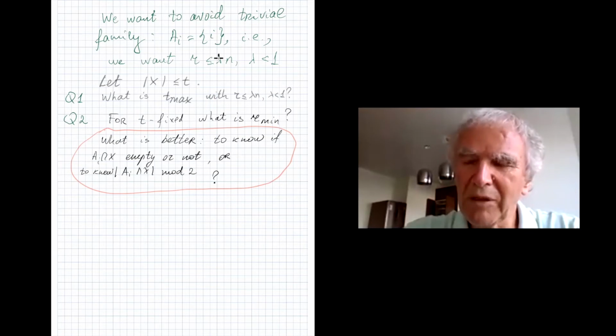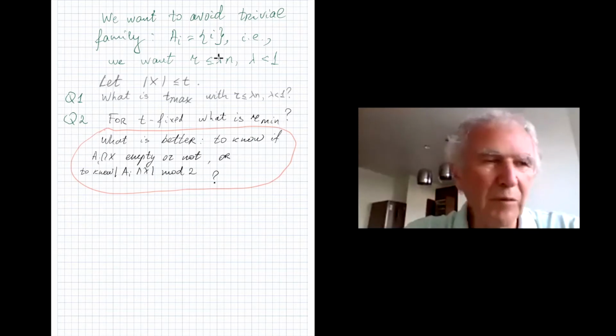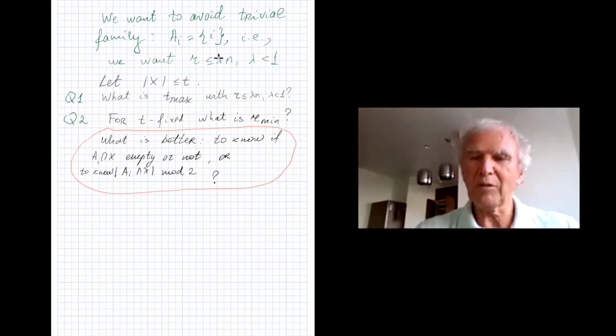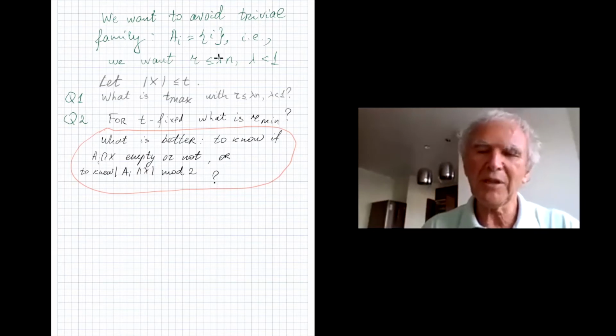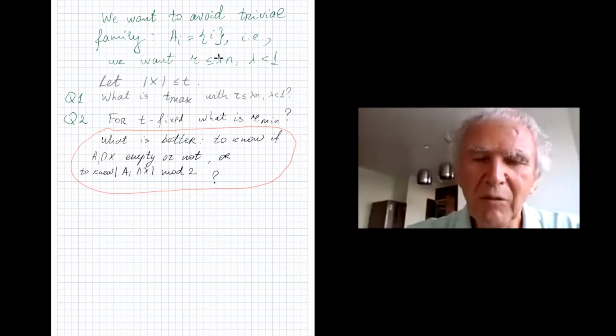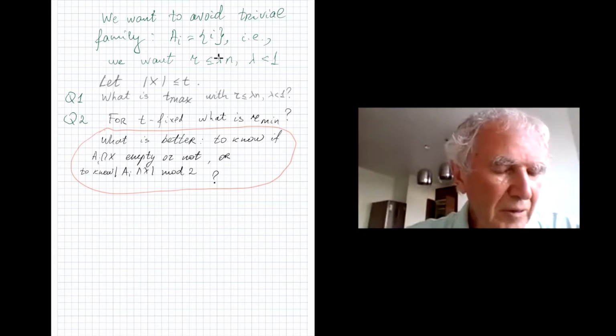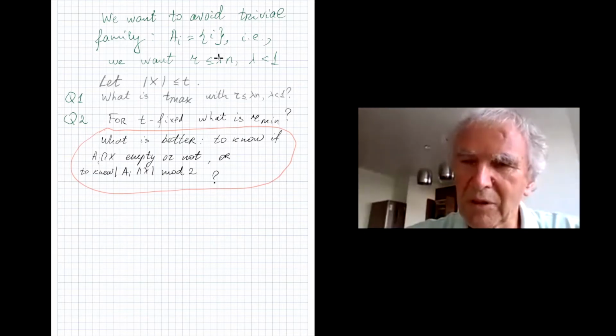We have a set of 1,000,000 points, and the chosen set X has 25 points. Then we will see what the answer will be. I will tell you the answer for the case when I know if it's an odd or even number of points in the intersection.